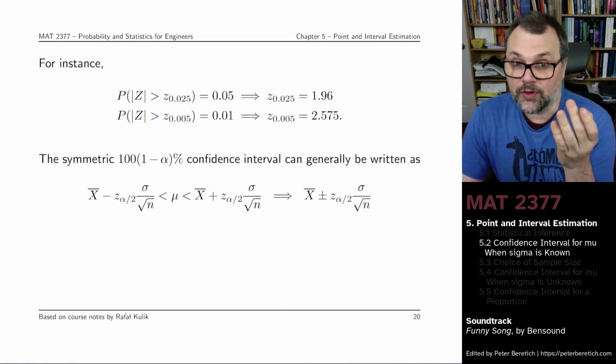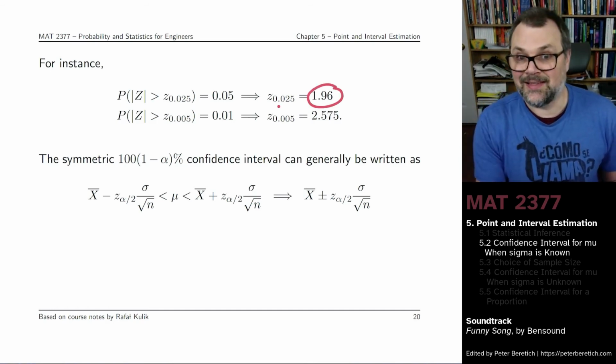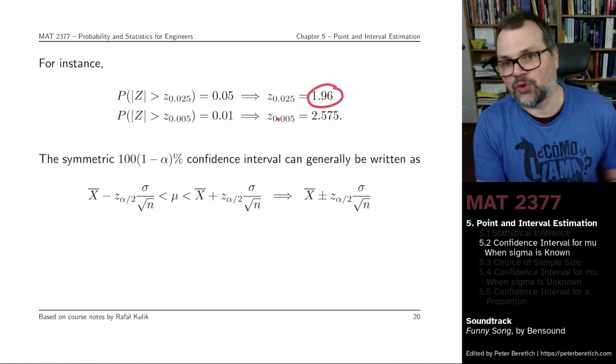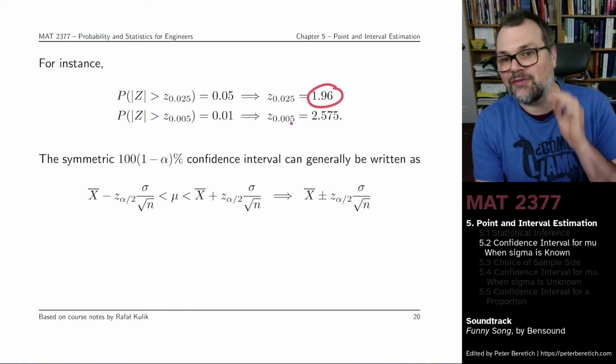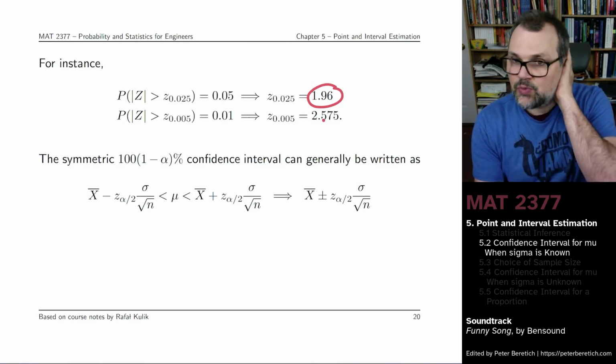We've already computed them. We know that Z at 0.025, the 2.5th percentile, or rather the 97.5th percentile, has to be 1.96. The 2.5th percentile would be minus 1.96. And what we get here is that the 0.5th percentile has to be 2.575.